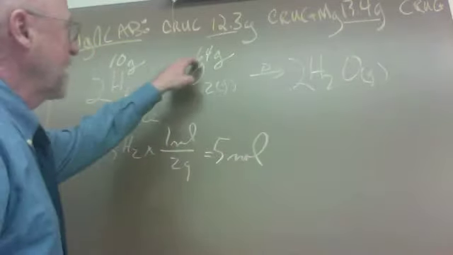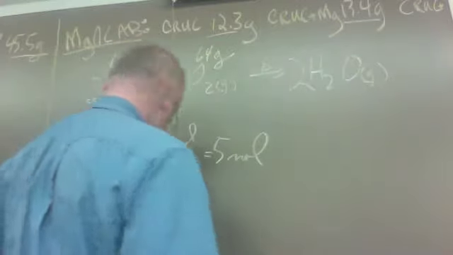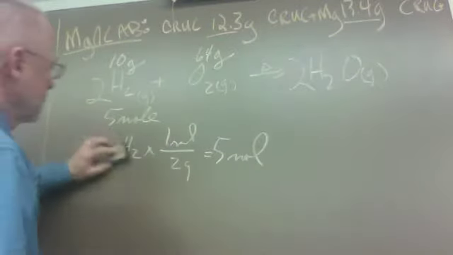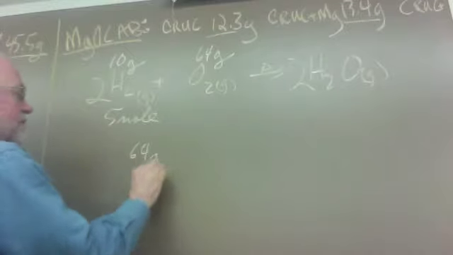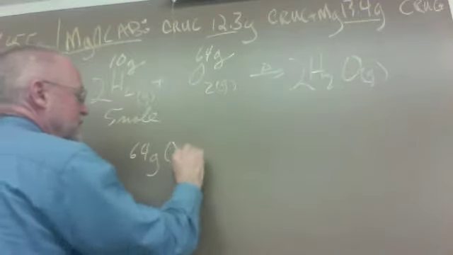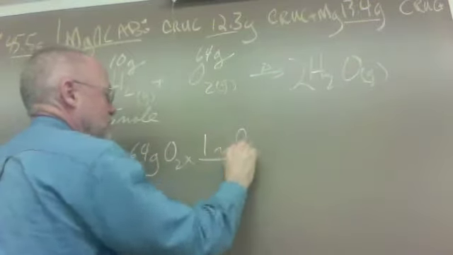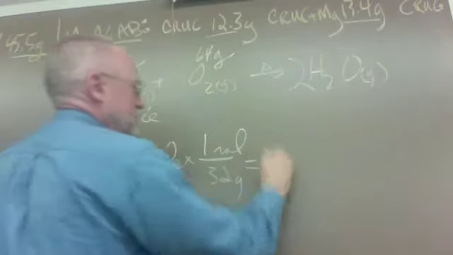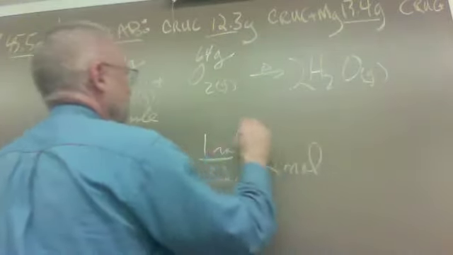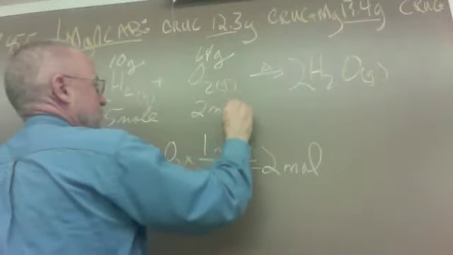And we've got to change the oxygen to moles also. 64 grams of oxygen, 1 mole of oxygen is 32 grams. So this is 2 moles of oxygen.